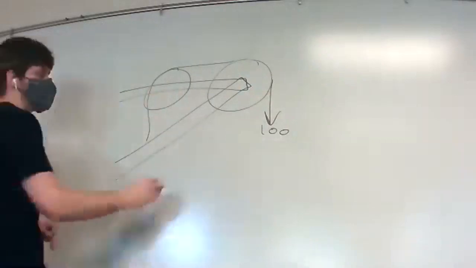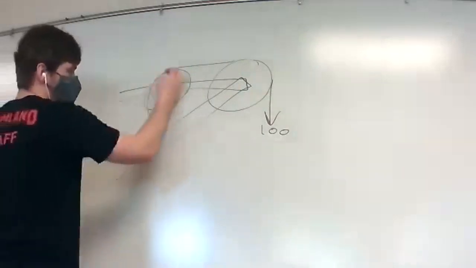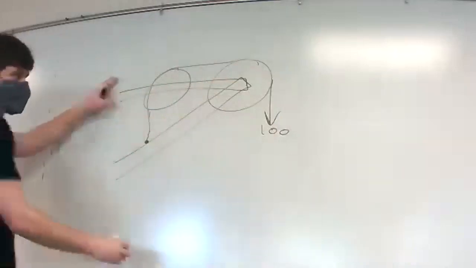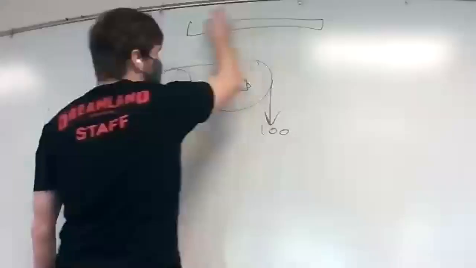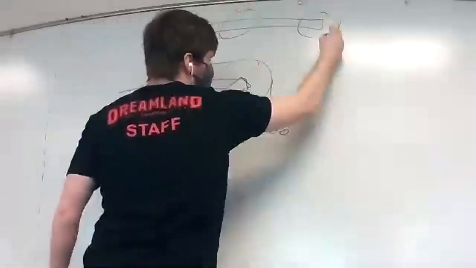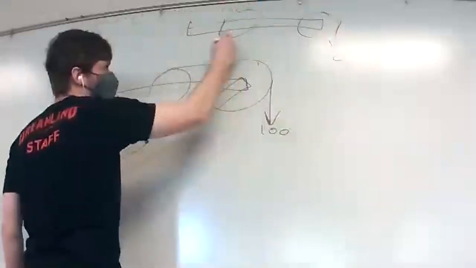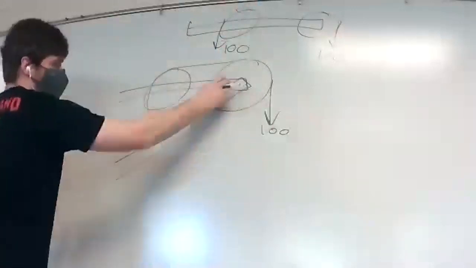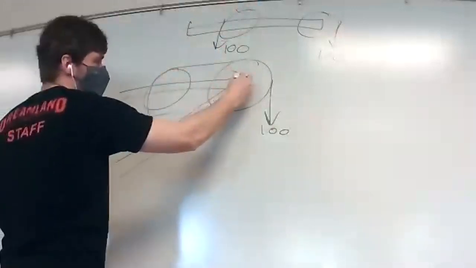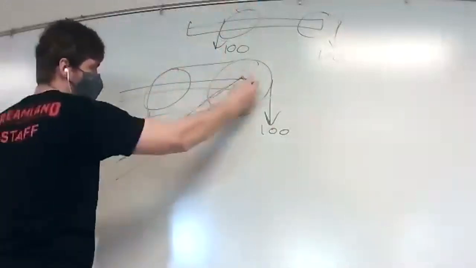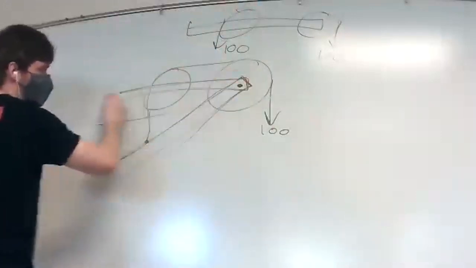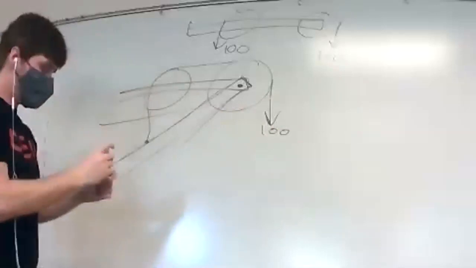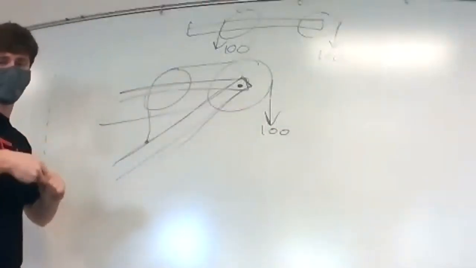So all this means is that when you take this frame apart from this frame and you model it as one thing, you're gonna have 100 and you're gonna have 100 like this. Because when you pull this pin and you remove this section and you only look here, this cable is still here. So you have 100 on both sides. And that's how pulleys can be applied in frame problems.